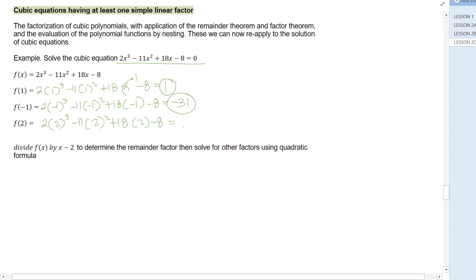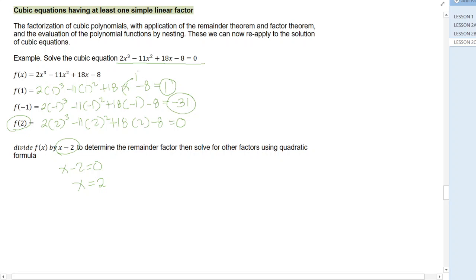If we compute that, that is already 0. 0 means that is a factor, one factor of your cubic equation. So if that is 2, that is just x minus 2. Okay, x minus 2 is equal to 0 since your value of x there is equal to 2. Okay, so determine the remainder factor, then solve for other factors using quadratic.